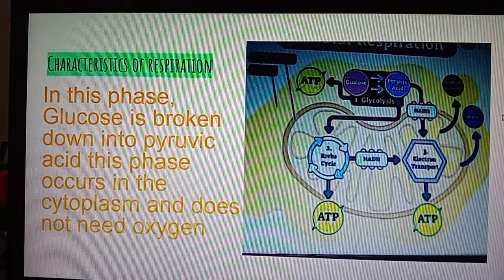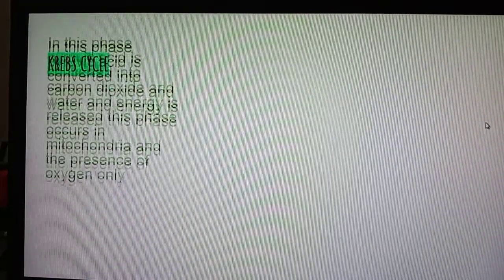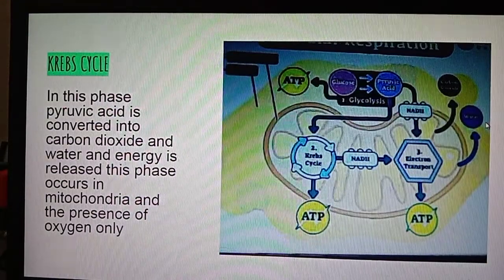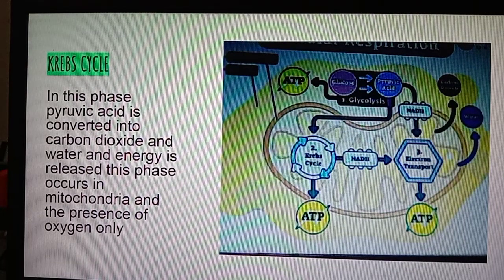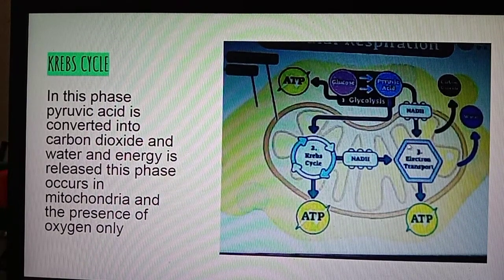Now let's see the next phase. So our second phase is Krebs cycle. In this phase, pyruvic acid is converted into carbon dioxide and water and energy is released. Here electron transport is also there, but we will not study about electron transport. We will only study about Krebs cycle.